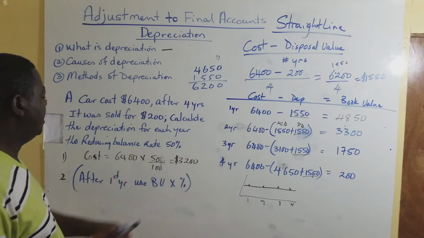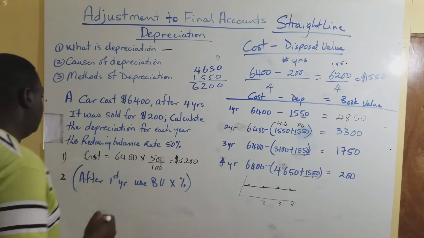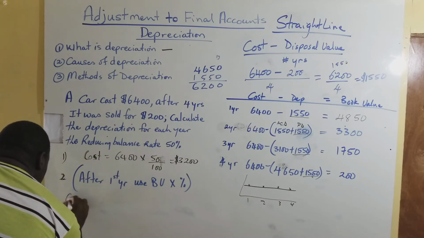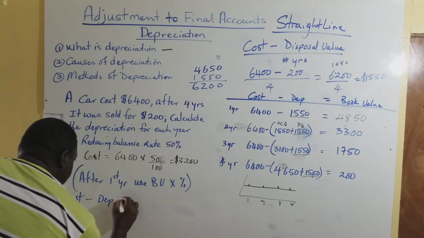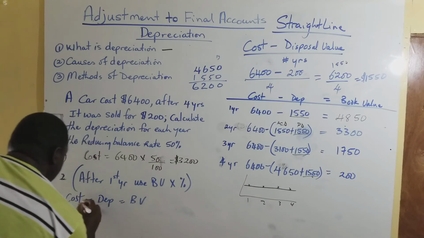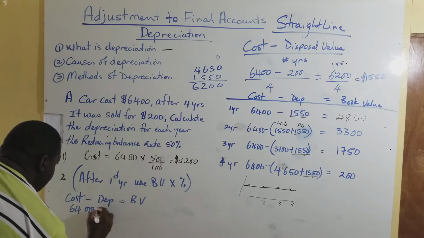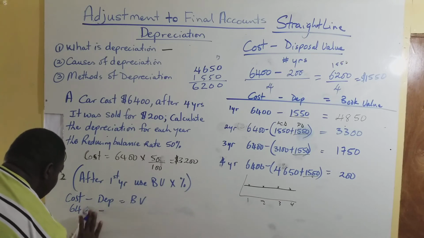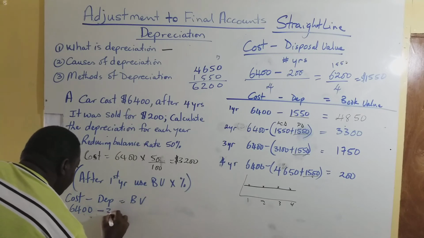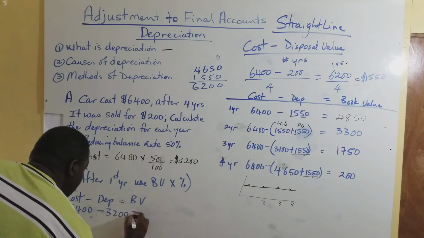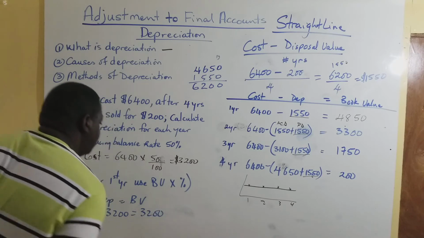We subtract the depreciation from the cost. So cost minus depreciation gives us book value. So what we'll have is 6,400 minus 3,200, and of course you're going to get 3,200, which is the book value.